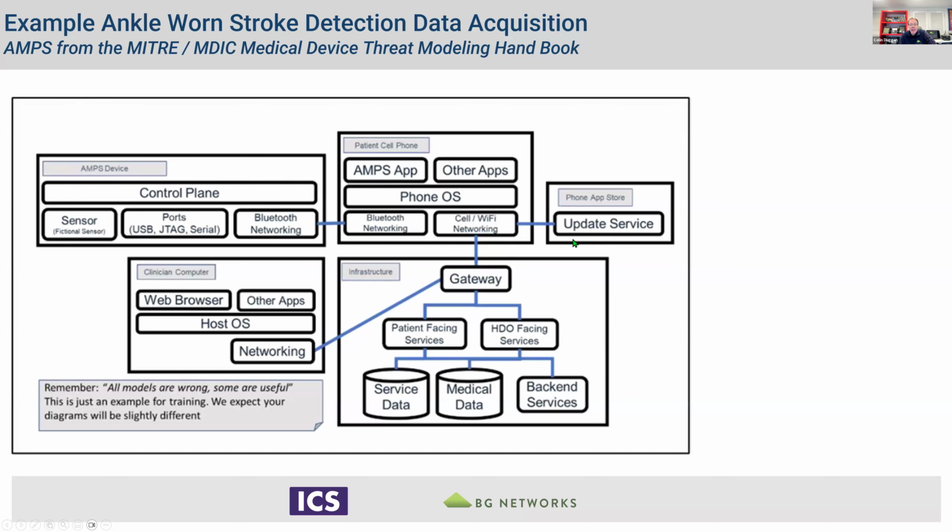You have this interaction with the phone store to get updates, and then you're going off to the cloud, sending the results of the data to a cloud instance and infrastructure, and then having the doctor's computer logging in. So I think it covers all the bases. It's a very nice example that the folks from MITRE and MDIC came up with here. So as we go through our example, we're going to focus on this Bluetooth interface. We've got a couple of threats that we'll go through.